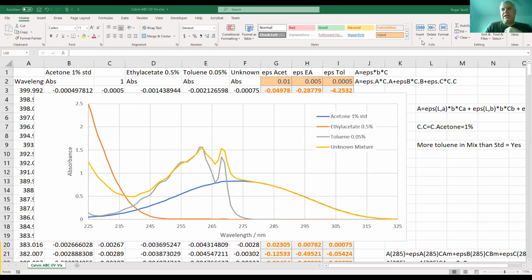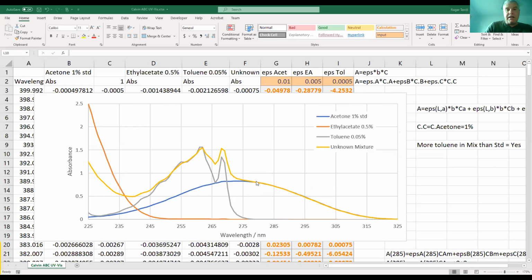So let's clarify the question a little bit and where I'm going with all this. There are just three numbers that we want out of all this: concentration of acetone, concentration of ethyl acetate, and concentration of toluene in the unknown mixture, right? So Abby determined that there is what percent of acetone in the unknown? 1%.